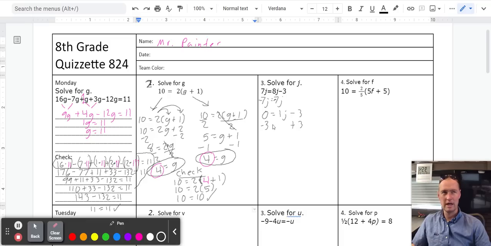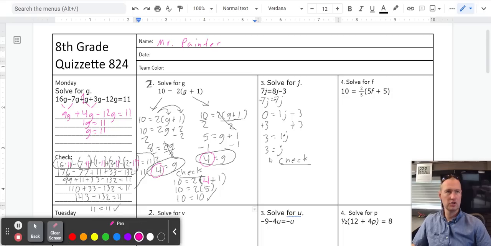So we're going to add and do something called the inverse to get rid of our 3. So 0 plus 3 is 3 equals 1J. And what's nice about this is when you have 3 equals 1J, which is 1 times J, we know that 3 equals J, because 1 times J is still J. All right, what about the check?